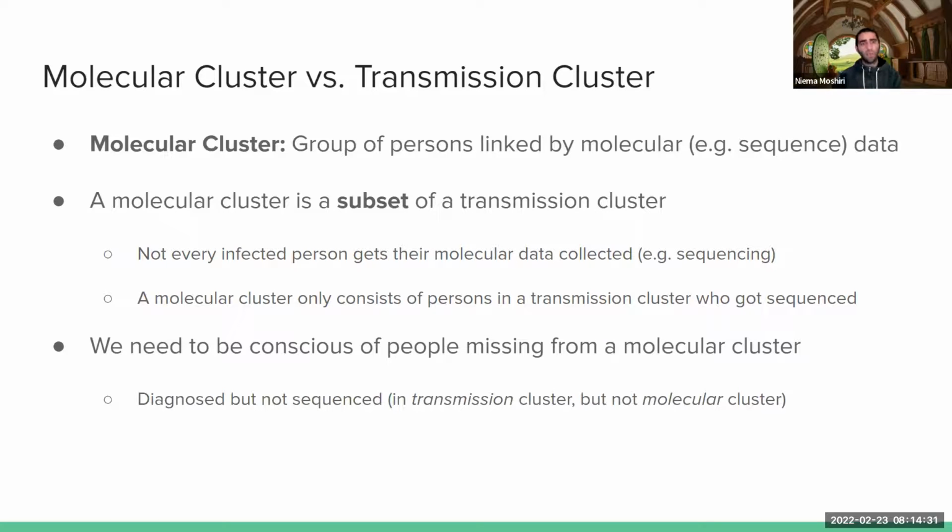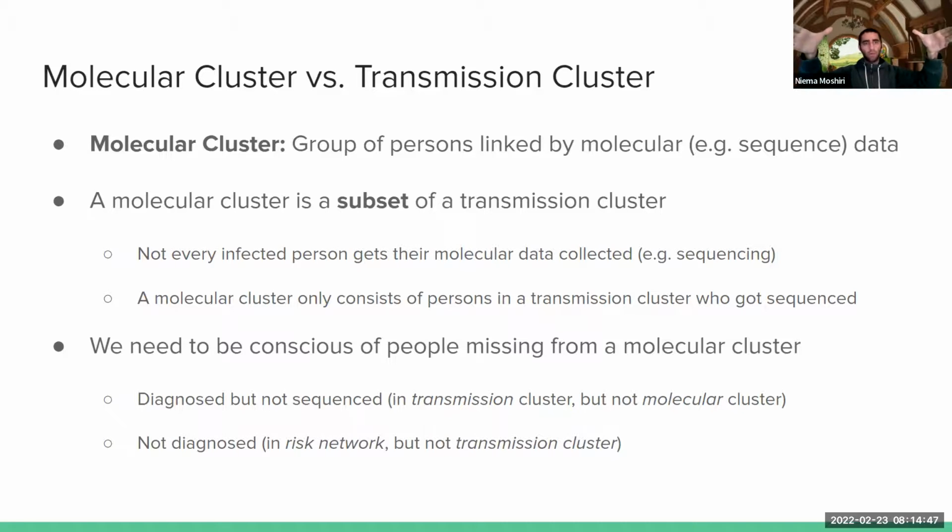Specifically, the people that are diagnosed but not sequenced, in other words, the people who are in my transmission cluster but not in my molecular cluster. And we also have to be aware of people that are not even diagnosed, so people in the risk network but not in the transmission cluster. Okay, so any questions there? We have to be super conscious about missing data when we make any inferences.